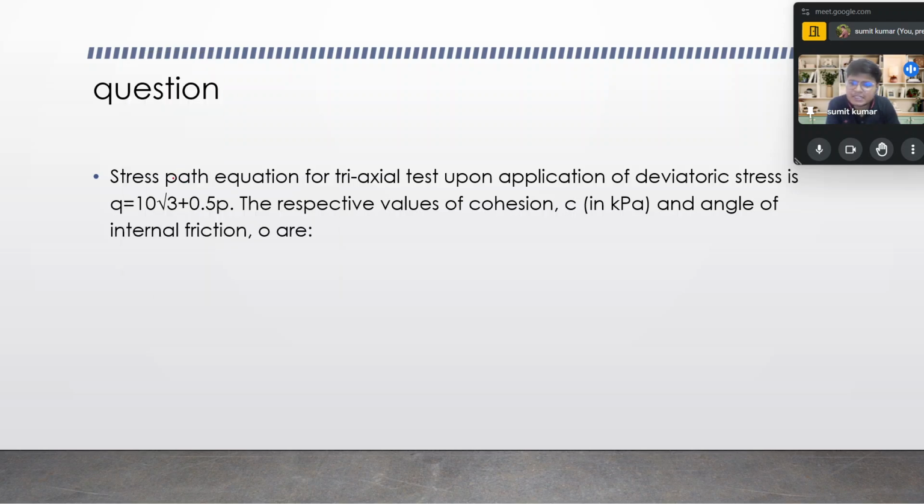Okay, so the question is that the stress path equation for a triaxial test application of deviator stress is Q equal to 10 root 3 plus 0.5 P. We need the respective value of cohesion C and the angle of internal friction phi. We know that over here the relation is given, and first of all, this relation is very much important.